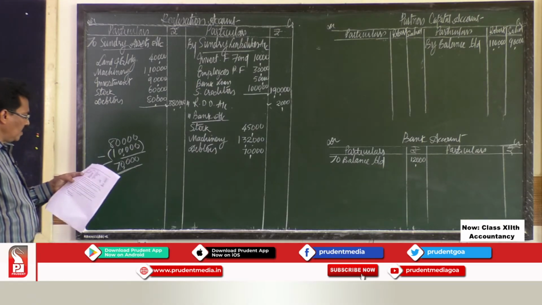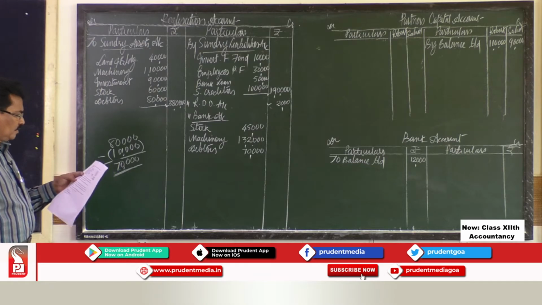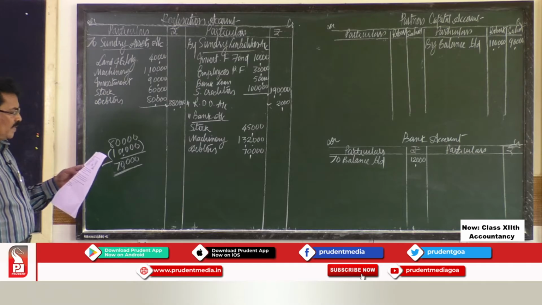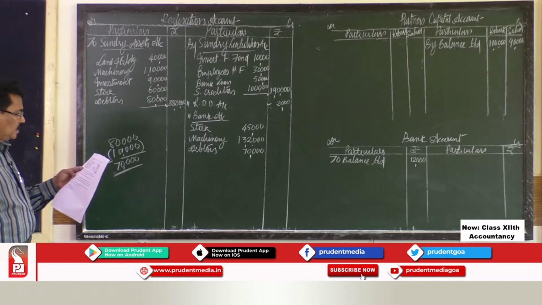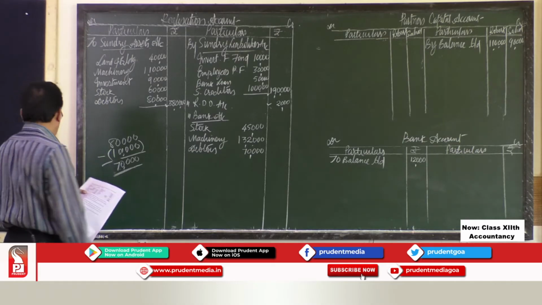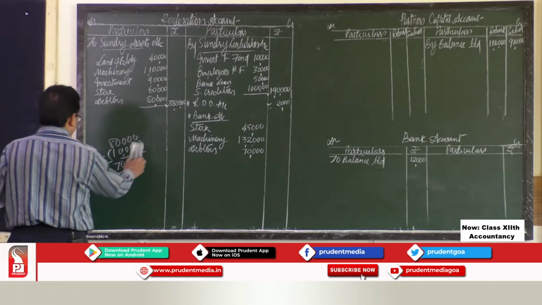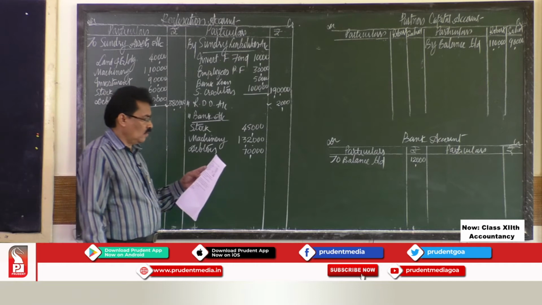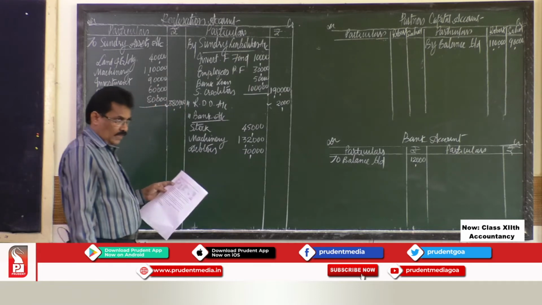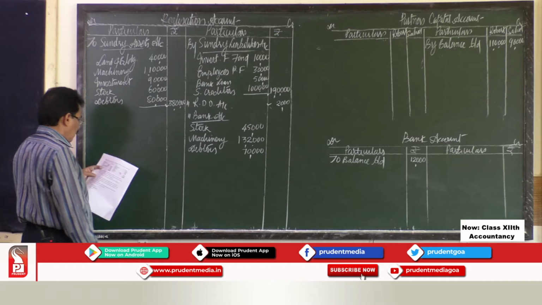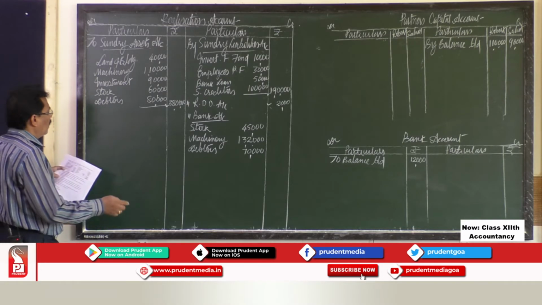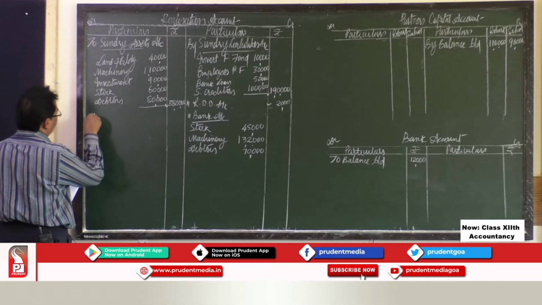Then adjustment number 3, a typewriter which was fully depreciated is now valued at rupees 3,000 and is taken over by Robert at this value. There was one old typewriter, which was fully depreciated, but it is still usable. So the same thing is taken over by Robert.